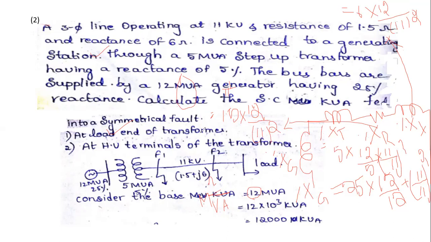Next, we calculate the symmetrical faults at the load end of the transformer and the HV terminal of the transformer. Before calculating these two, first we calculate the equivalent reactance for the circuit.